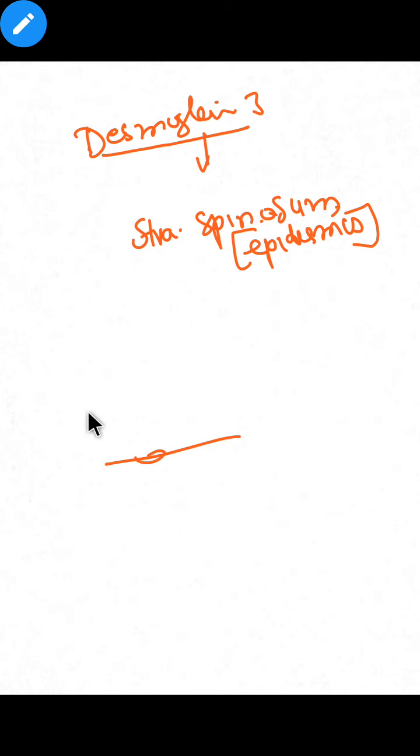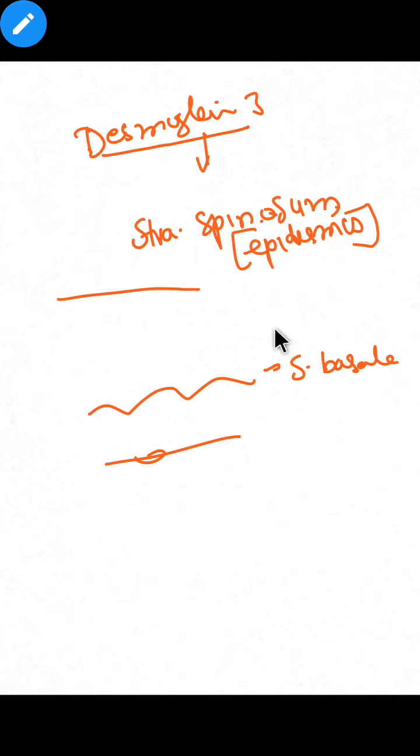First, if we take the epidermis, at the base we have stratum basale. Second, stratum spinosum. Third, stratum granulosum. Fourth, stratum lucidum.